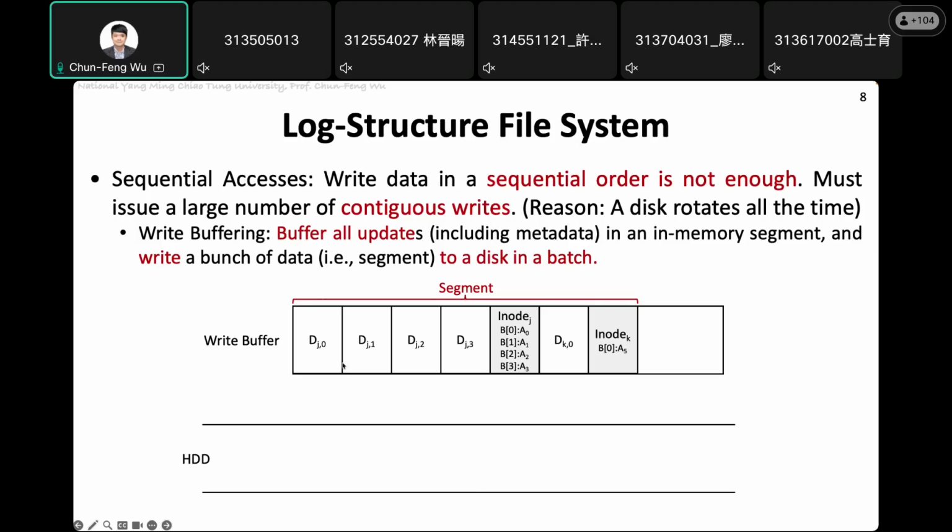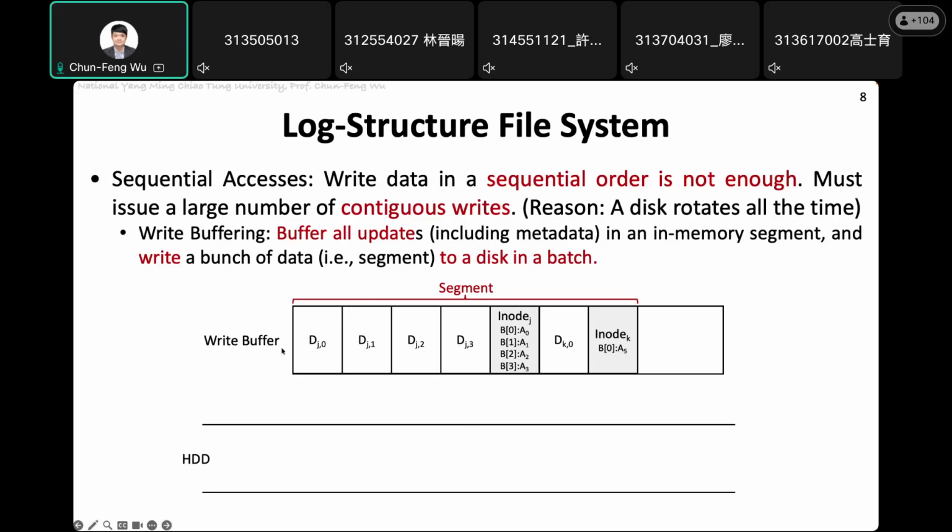Another example is this segment, where we write all this stuff together, including the data and the metadata part. D means the file data, and the inode means the metadata. If there is no write buffer, even if you write the data to the hard disk drive, you still need to wait for the file system to maintain the inode and then write it to the disk.